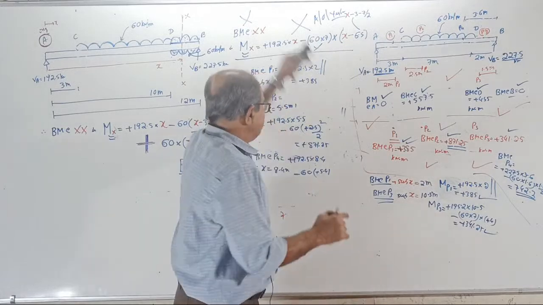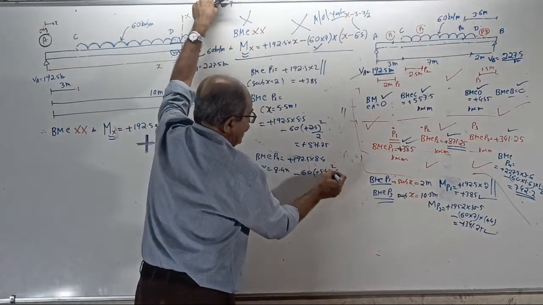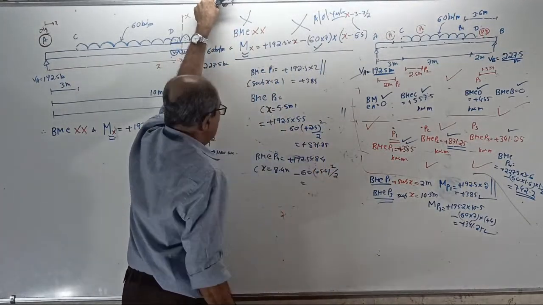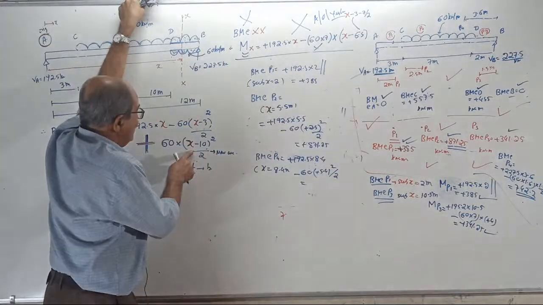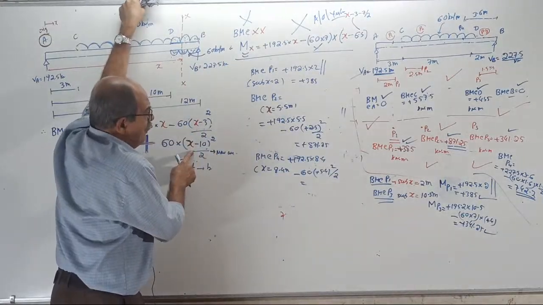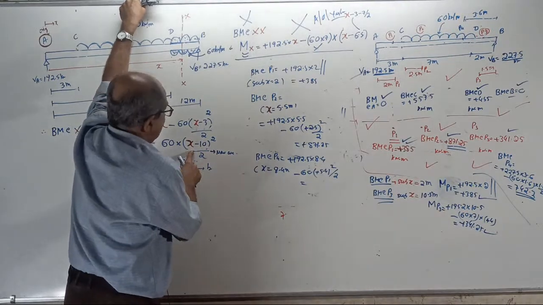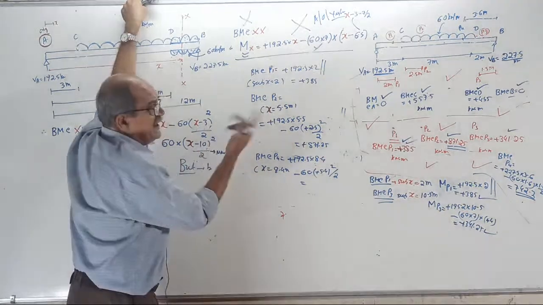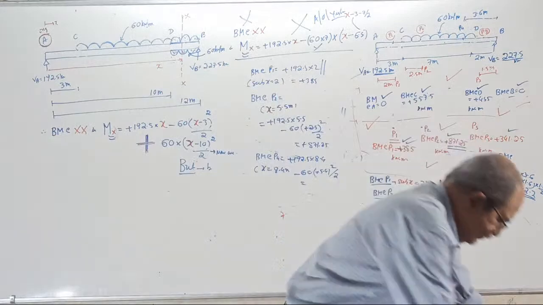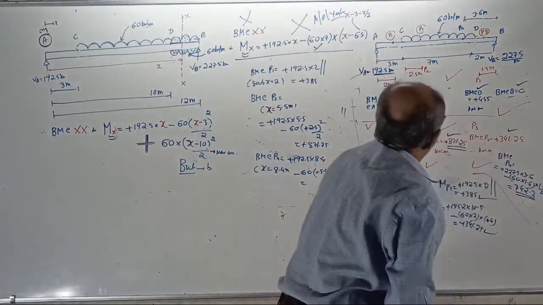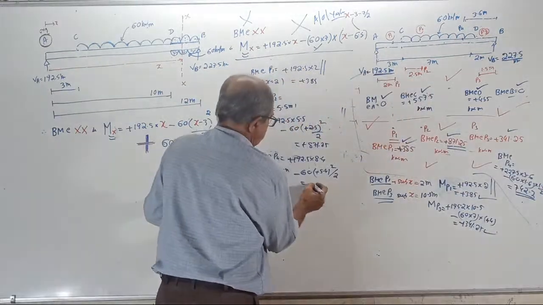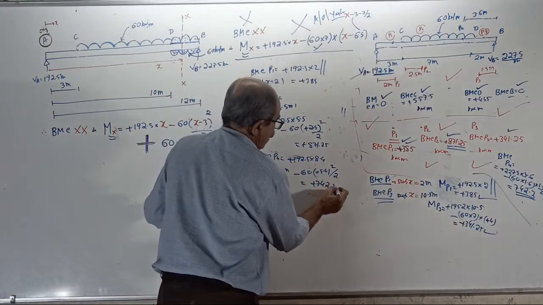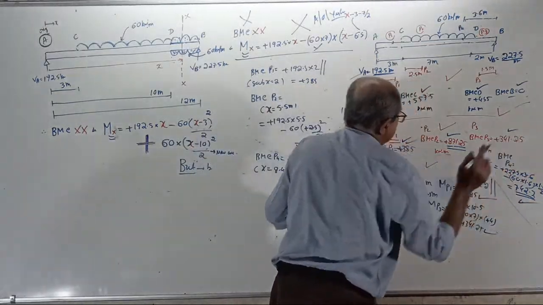Now it is giving the correct answer, 5.4 square by 2. Tell the answer now. This term is not applicable. Why? 8.4 minus 10 is negative. Answer: plus 742.2. This is also correct.